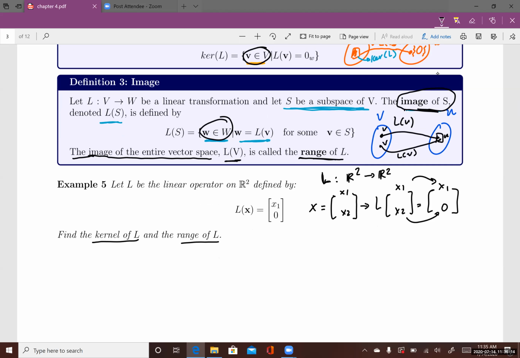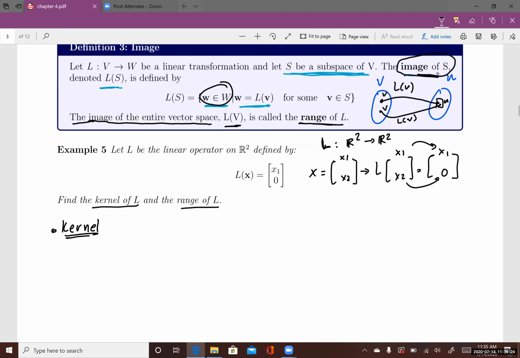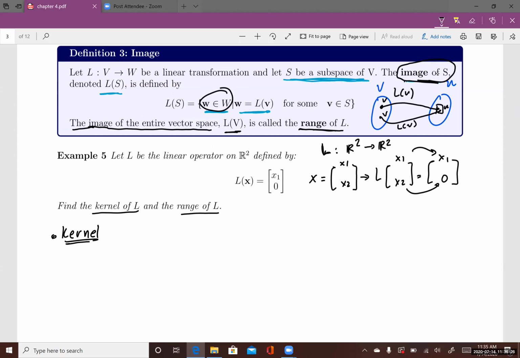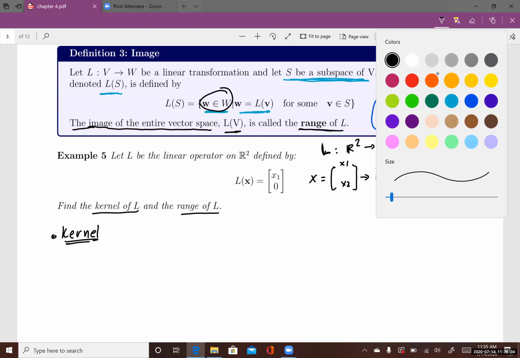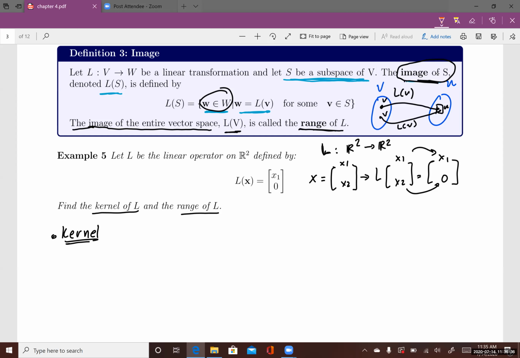All right, so the kernel. In order to find the kernel of L, you want to identify a generic vector that is in the kernel of L, and then generalize to the entire subset.